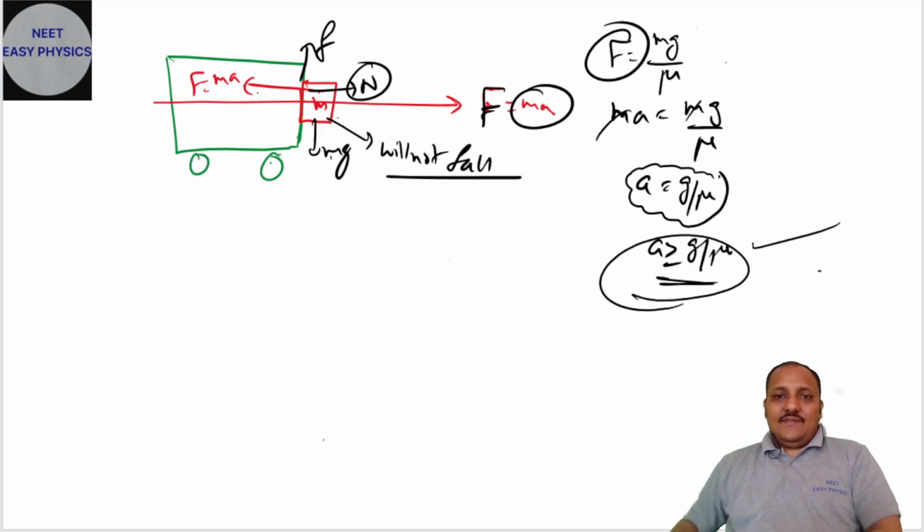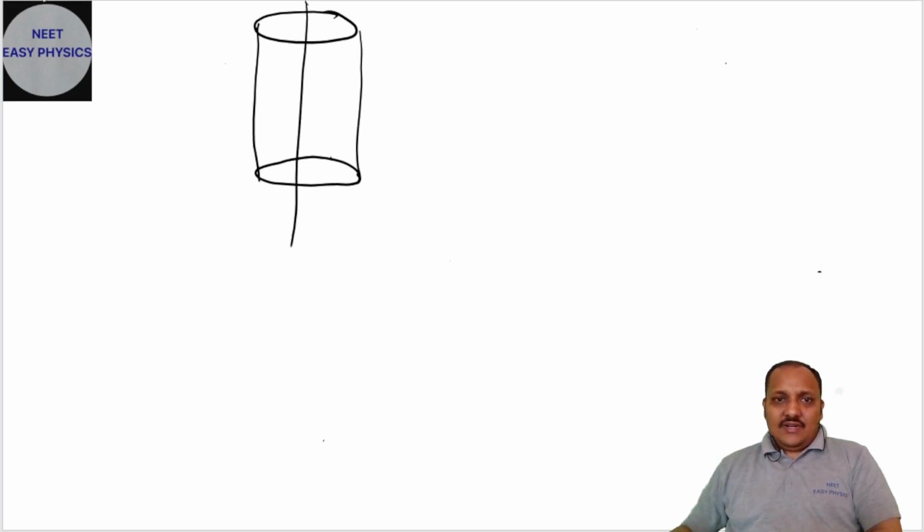Next, if a cylinder is rotating, like a washing machine, anything you can take. Whenever the cylinder is rotating, all the objects which are at the center will move against the wall because of centripetal or centrifugal force.